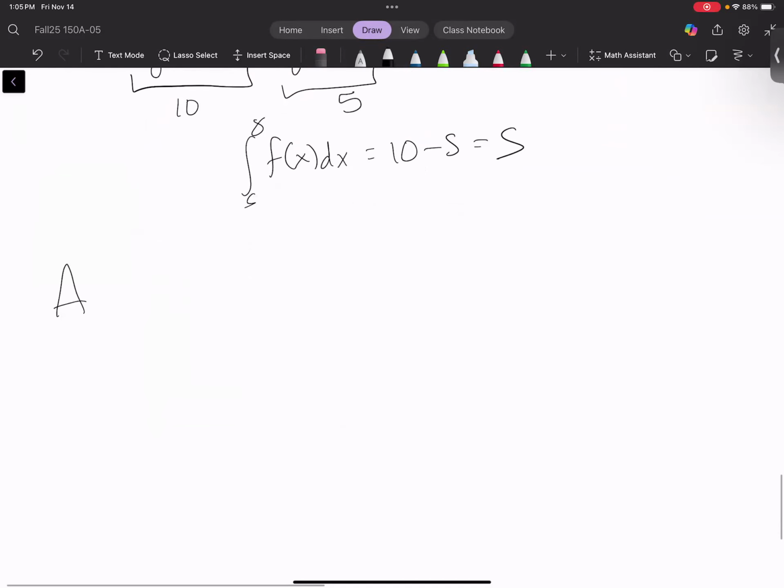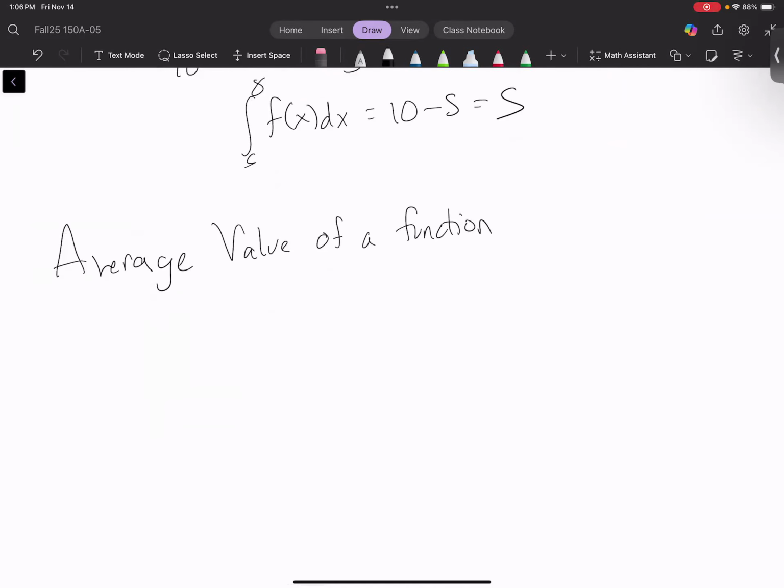Okay, awesome. Let's look at an interesting use of the integral. Let's look at the average value of a function. Okay, so as an analogy, if we're doing find the average of 1, 2, 3, and 4.